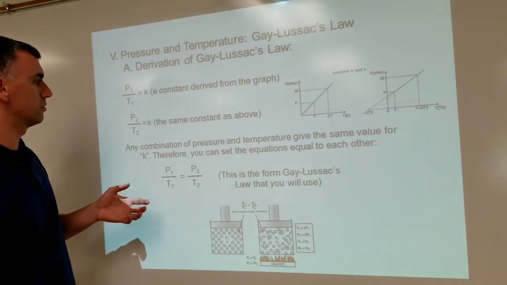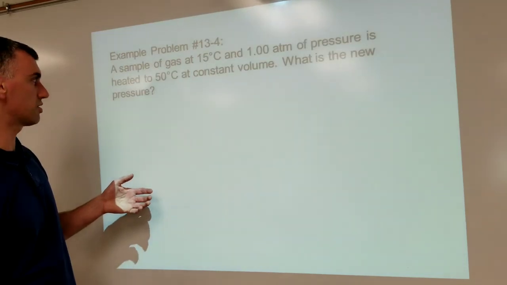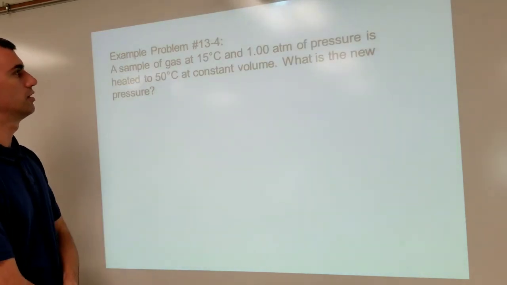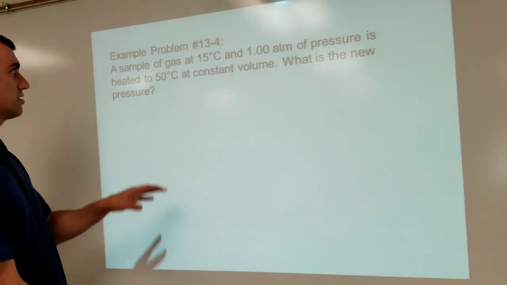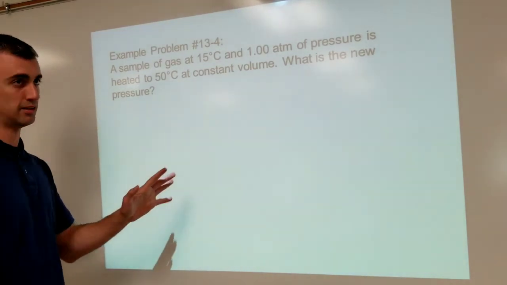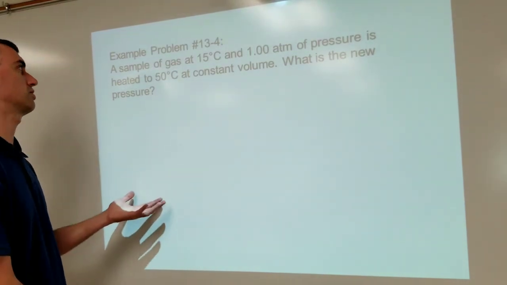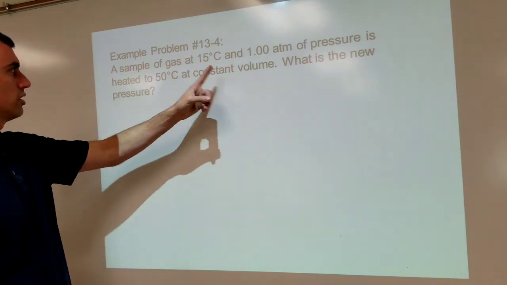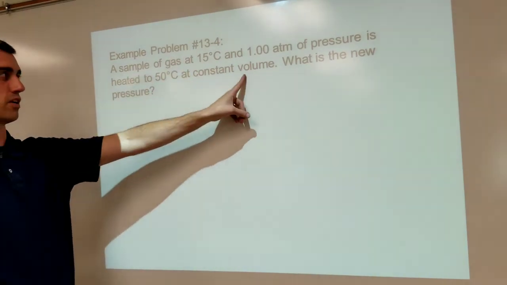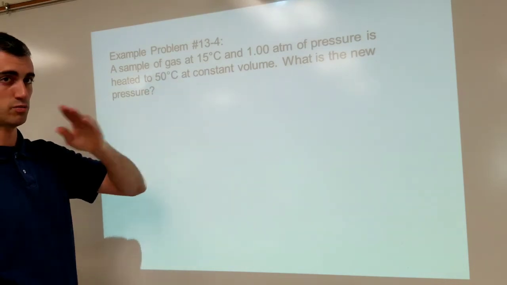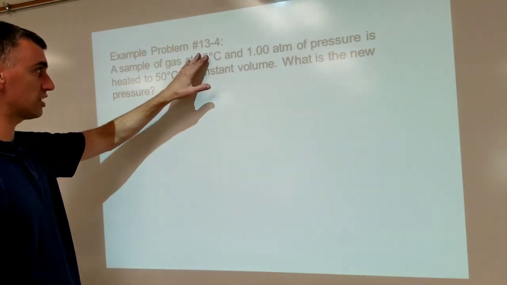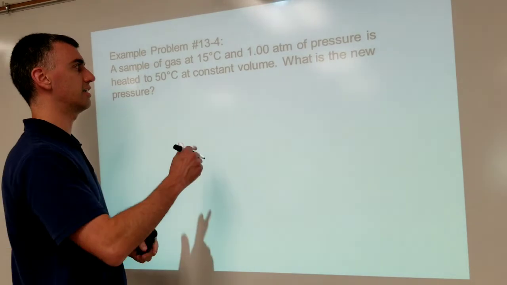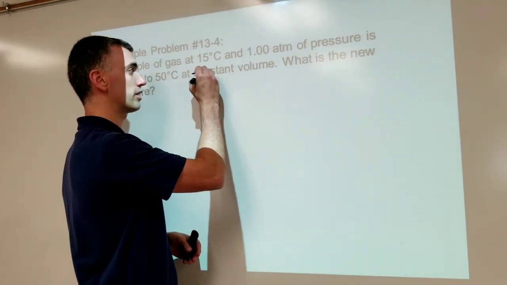So let's go through an example question. You're going to get this on the test. It won't tell you that this is a Guy-Lussac law question. So how do you know to use it? You look at what it gives you. Temperature, pressure, temperature. It mentions volume, but it says it's constant, which means if something's changing and this isn't, we ignore the things that are not changing.